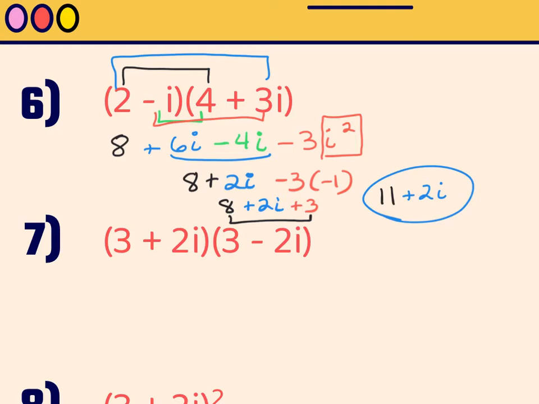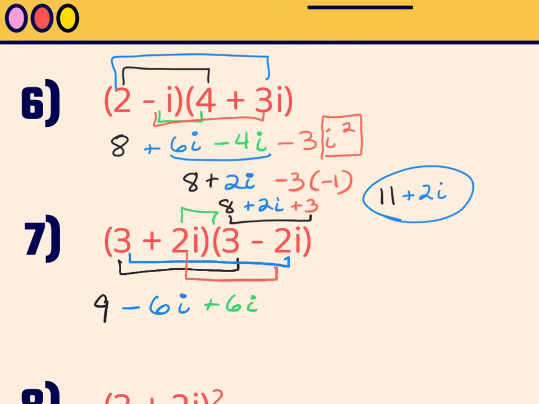Let's go do that. So again, I'm going to do first, 3 times 3 is 9. Outside, 3 times -2i is -6i. Inside is positive 6i, and then finally last, positive 2 times negative 2 is negative 4i squared.